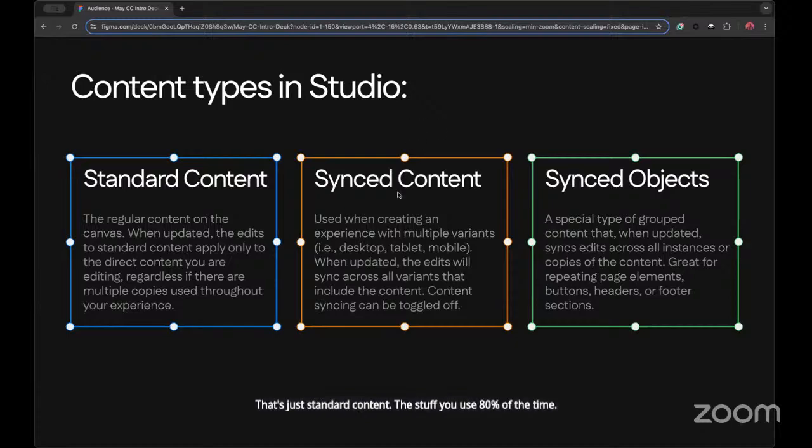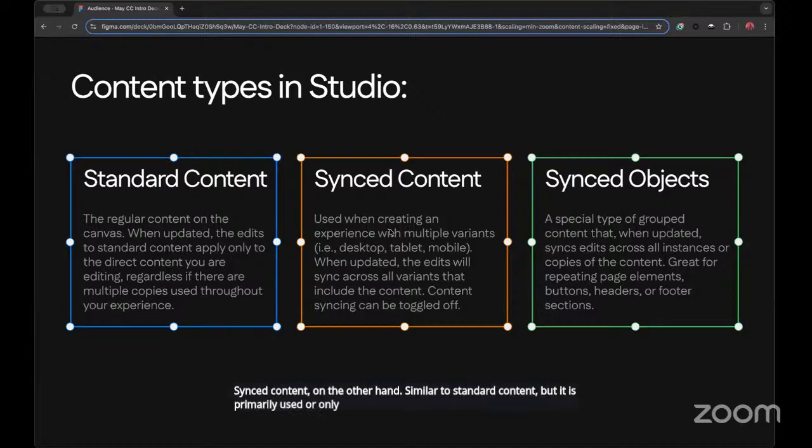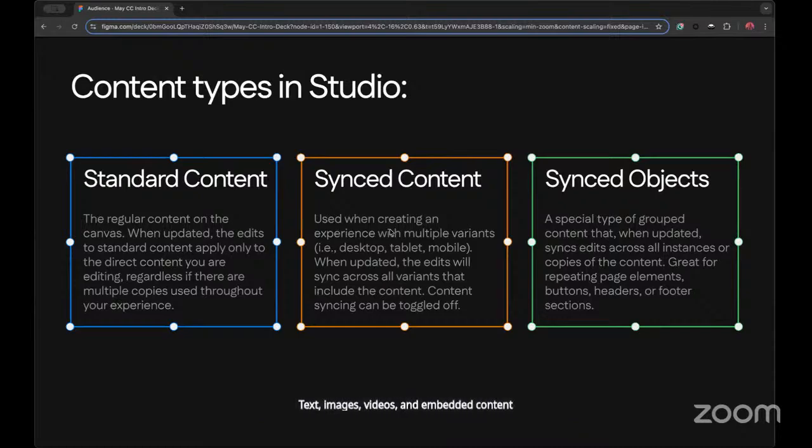Synced content, on the other hand, is similar to standard content, but it is primarily used, or only used, when you are working across multiple variants, right? We talked a little bit about this last month when we were talking about mobile variants. Synced content is text, images, videos, and embedded content that when updated on one variant will also update on another variant.